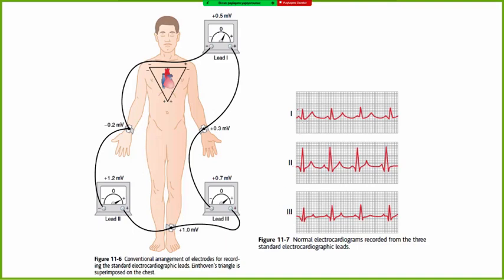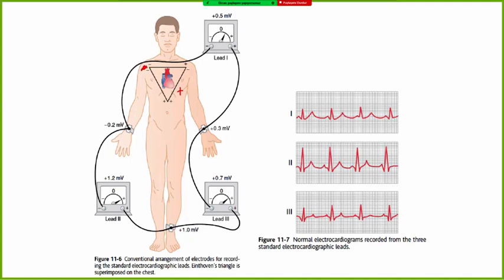As you can see, the waveform of the ECG differs between derivations. It's due to the placement of the positive electrode. Remember, here in D2 we place the positive electrode on the left leg and the negative electrode on the right arm.